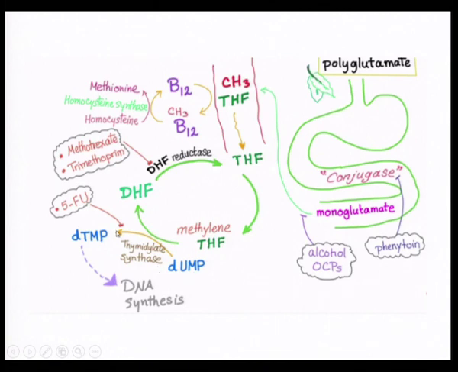But thymidylate synthase from dUMP to dTMP is also coupled with tetrahydrofolate to dihydrofolate reductase. So, it is very closely associated, and eventually all contributes to DNA synthesis.